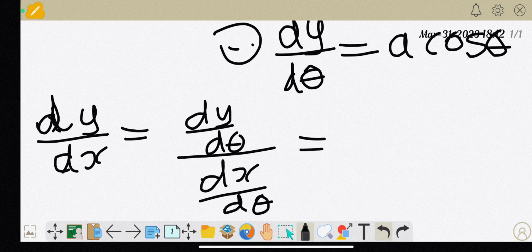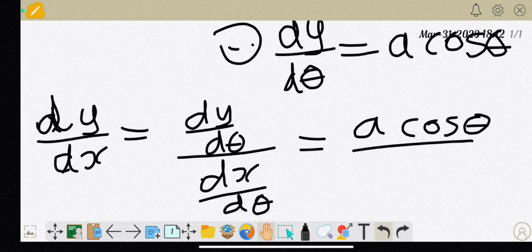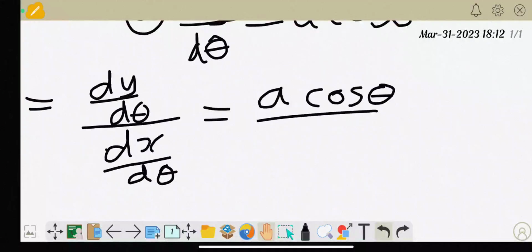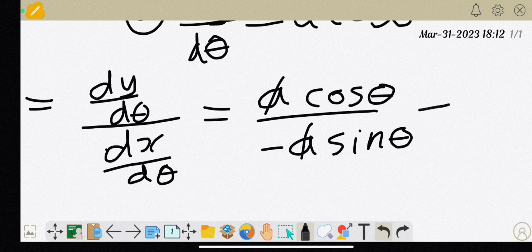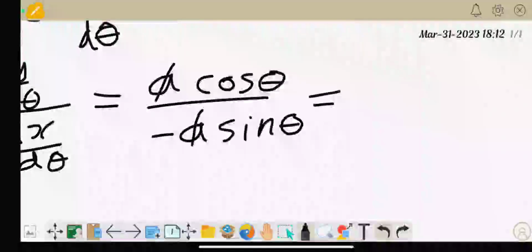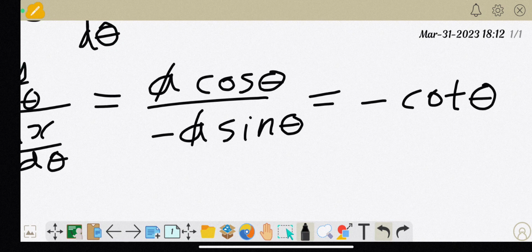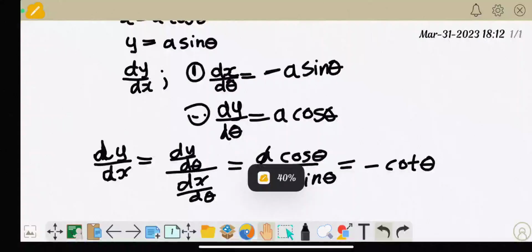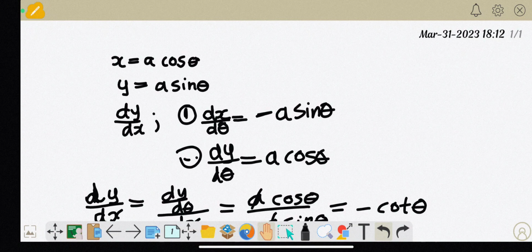So dy by d theta is a cos theta, and dx by d theta is minus a sin theta, correct? So a will cancel, cos theta by sin theta is cot theta, then there is a minus sign, so minus cot theta is your answer. This is how you solve. The procedure is simple. Identify the parameter, differentiate y with respect to that parameter, differentiate x with respect to that parameter, then dy by d theta divided by dx by d theta. If you do that, that is your answer.